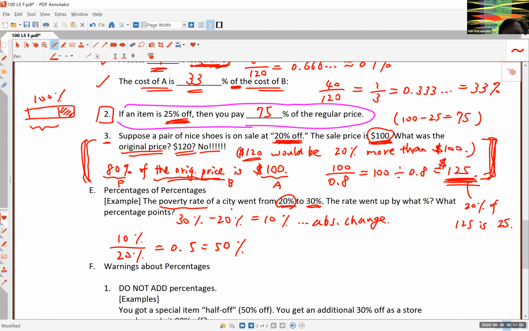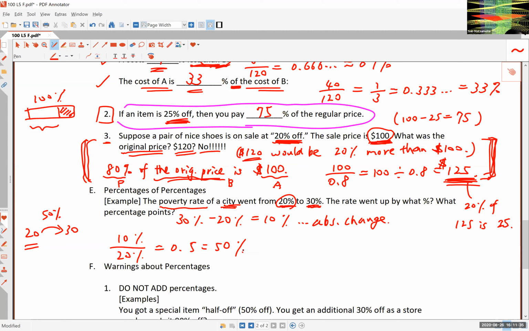Because look, assuming the city has only 100 people, the number of people under the poverty line went from 20 to 30. And that's definitely a 50% increase, because if you started with 20 people, and it went to 30 people, the difference is 10, which is half, and that's a 50% increase, right? Anytime a number changes from 20 to 30, that's a 50% increase.